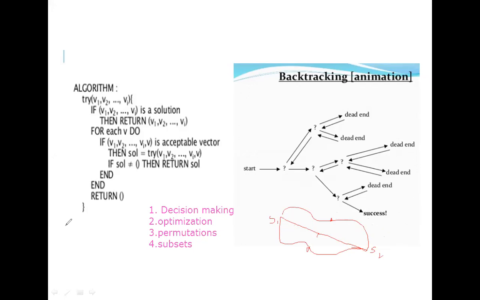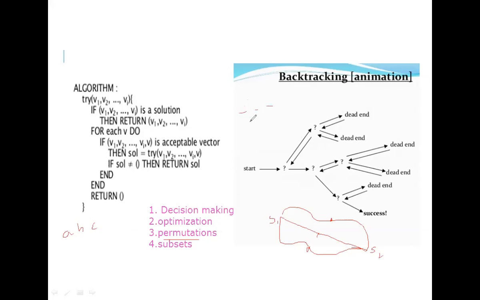Then we move to permutation. Permutation means, for example, you have A, B, C, three elements, and you have to make permutations of this combination. First you have to see how these permutations are done. We have three values, A, B, C, and we have to choose among these three.